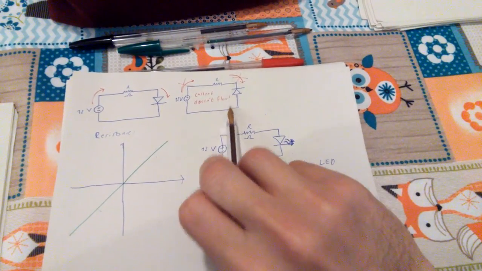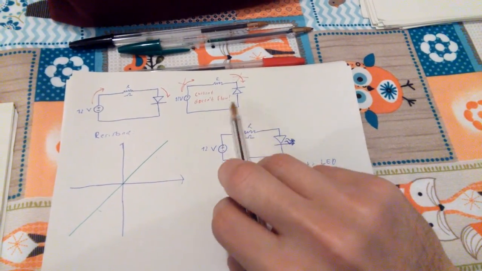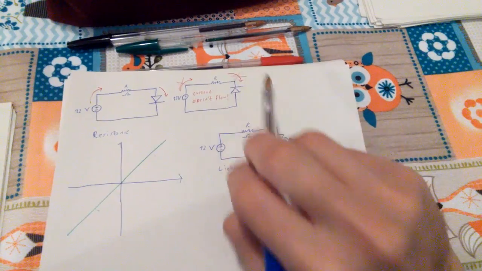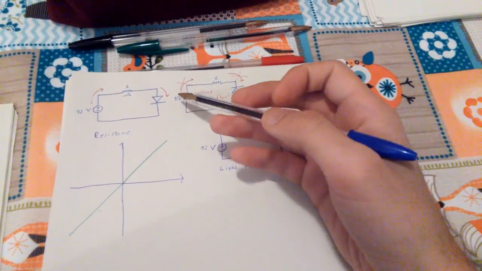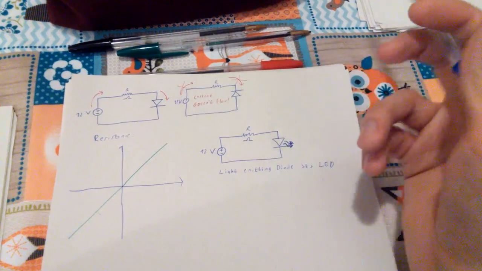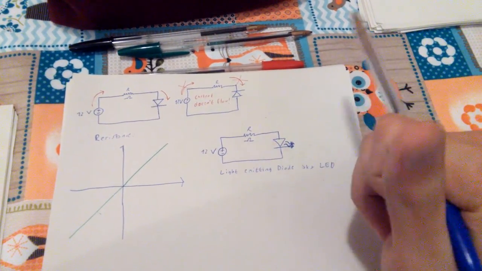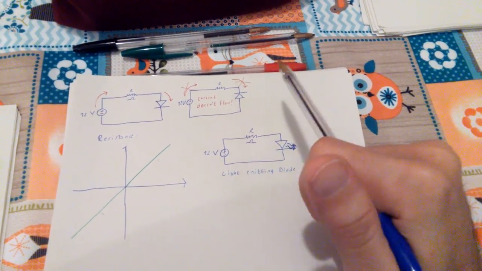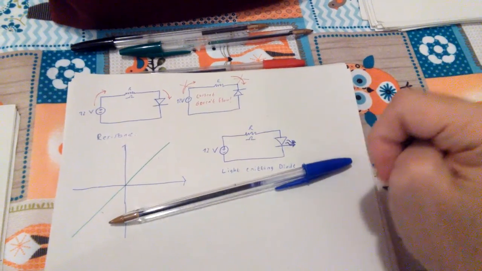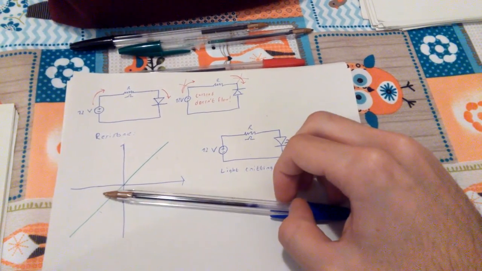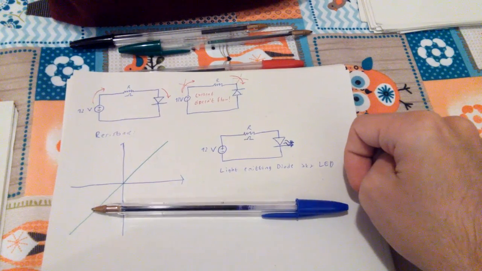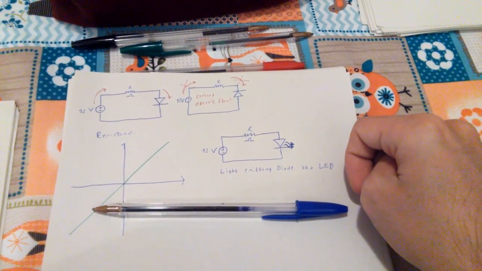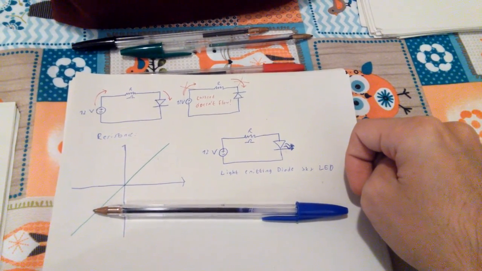If it's pointing the other direction, it's only going to let the current go through in that direction, and so on. You basically got the general idea here. Very basic stuff. I'm going to have one more lecture, and then I think we're going to start to see a few problems.